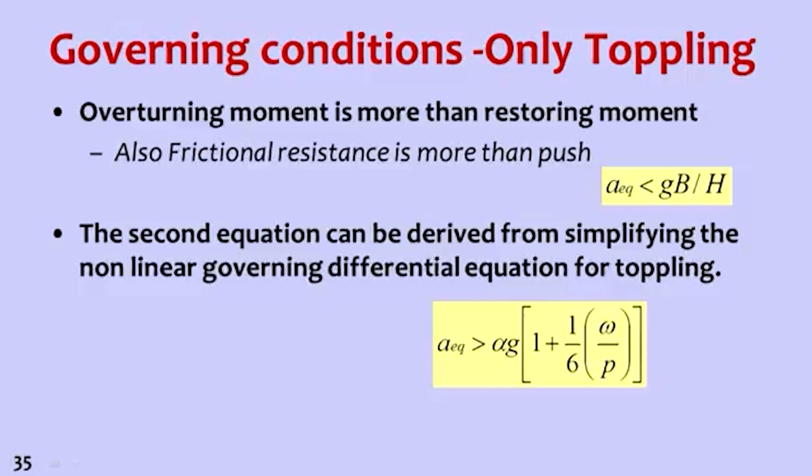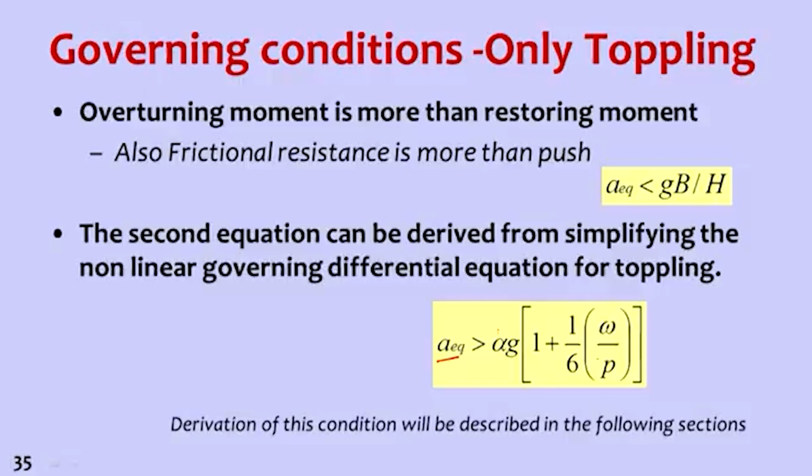Let us look at it. This is the solution of the nonlinear governing differential equation for toppling condition: if acceleration is more than alpha times g multiplied by 1 plus 1 by 6 into omega by p. Now what are this p and omega, we will discuss now.